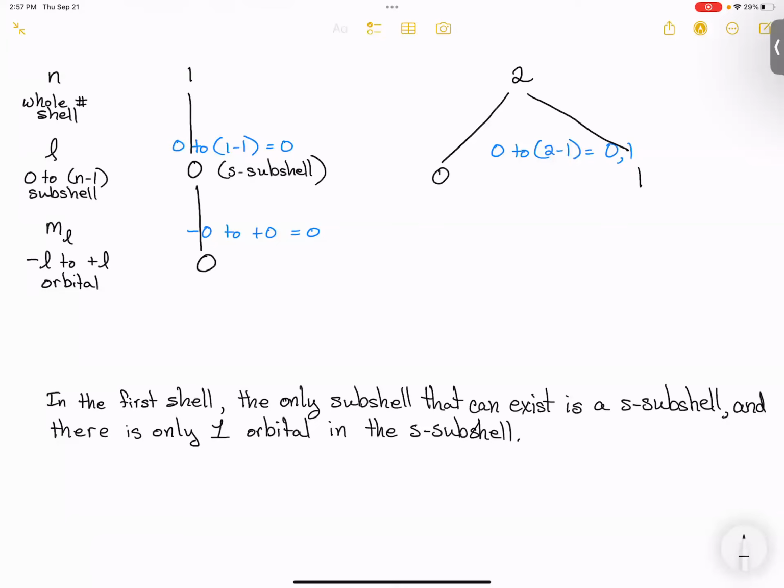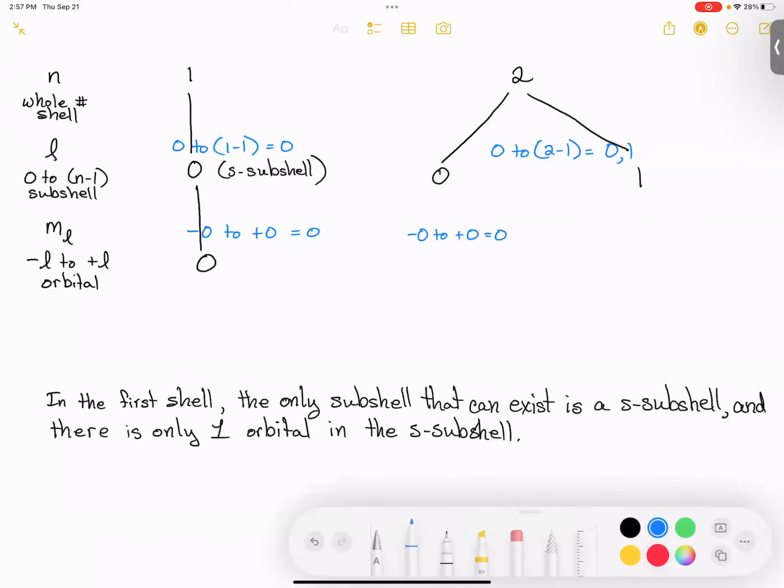Now we have to take each of these L values separately to do the next thing, because the next piece is talking about the M sub L. So for our L of 0, that means our M sub L can be a -0 to a +0. Well, that means it's still 0.